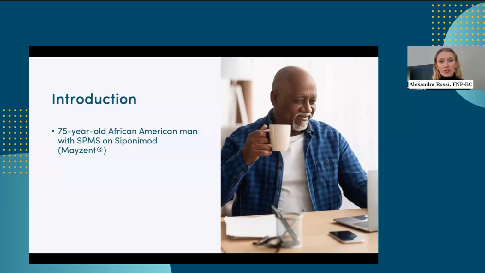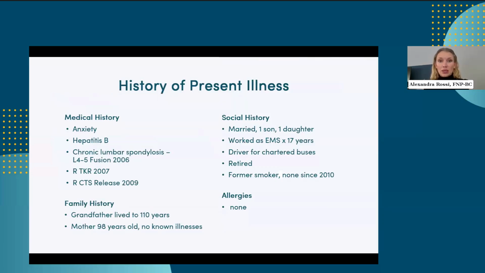Okay, so we have a 75-year-old African-American man with secondary progressive MS. He is on siponimod, also known as Mayzent. His medical history is pretty simple. He has anxiety, he has Hep B, he has chronic lumbar spondylosis, some other chronic illnesses.